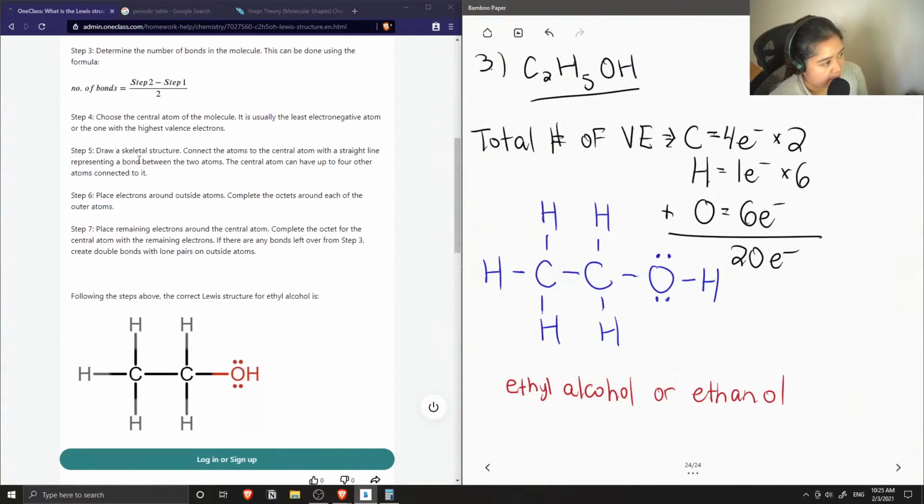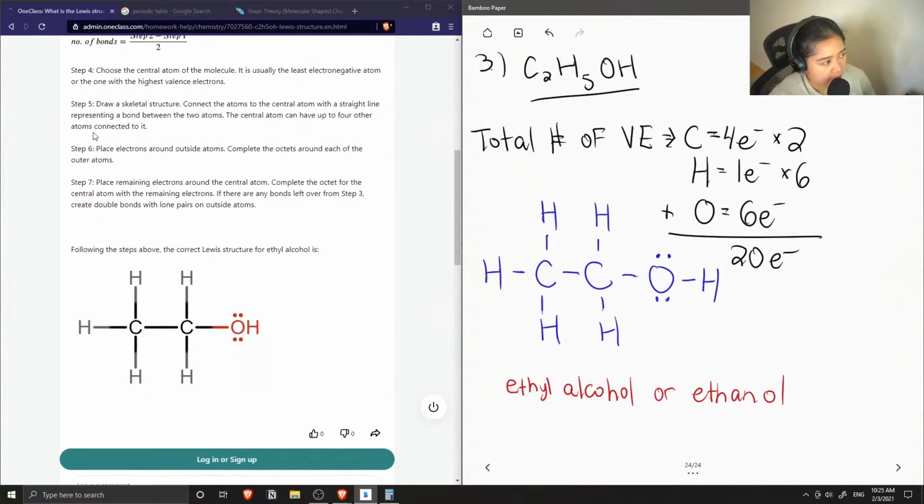Then we choose the central atom. Usually it's the least electronegative or the one with the highest valence electrons. So in our case, carbon isn't the least electronegative, it's actually hydrogen. The fact that it can form multiple bonds is the reason why we made carbon our central atom.